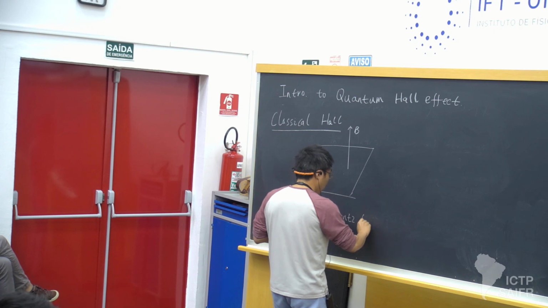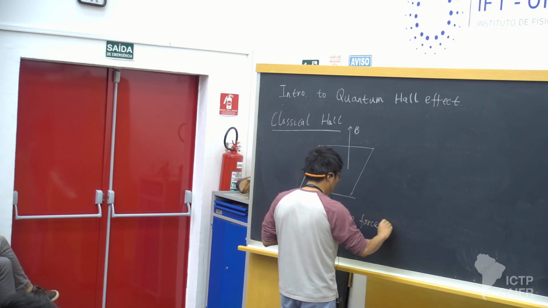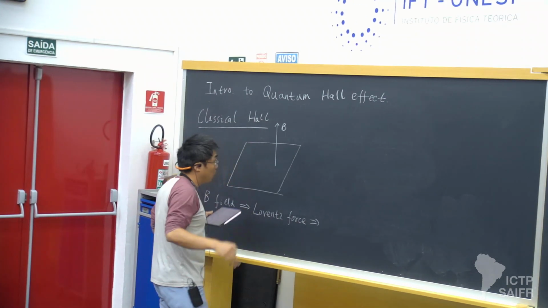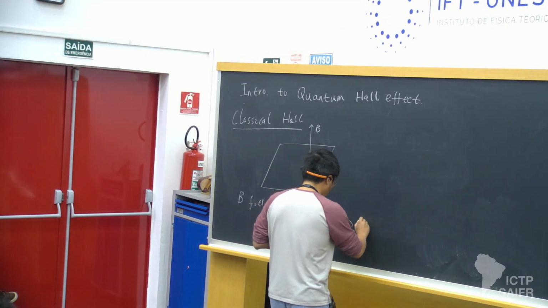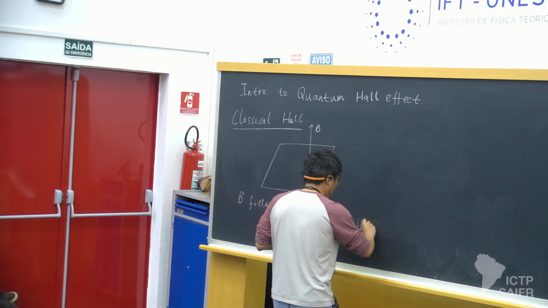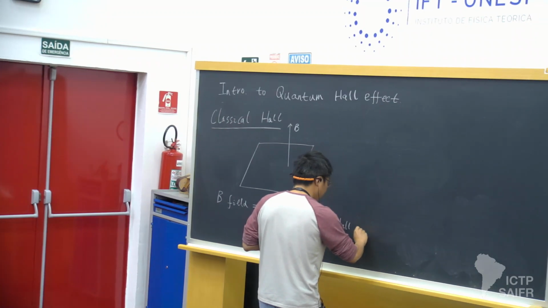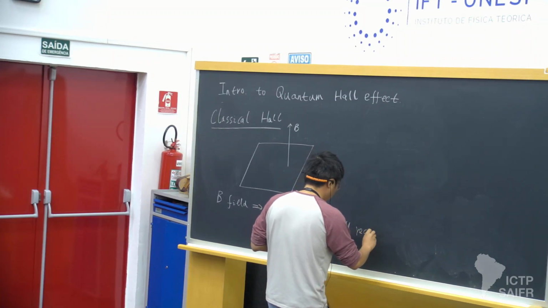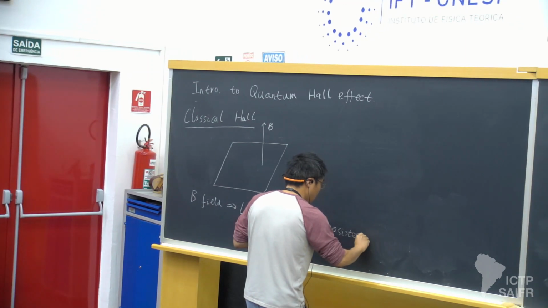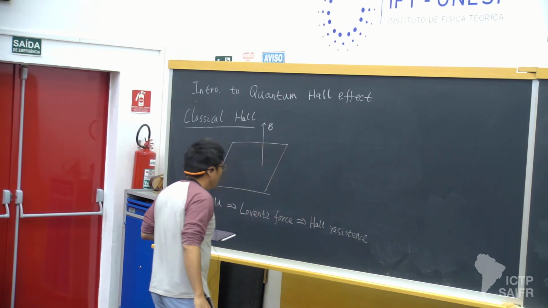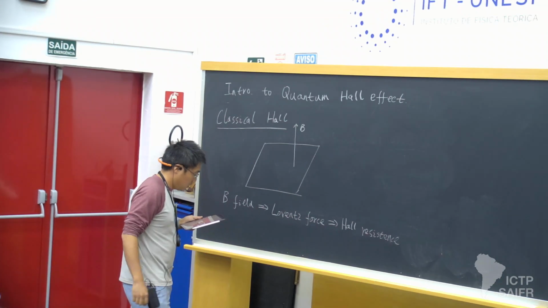The consequence of the Lorentz force is that the system will have a transverse resistance, which we call the Hall resistance, that I will explain in a minute. That is what the Hall effect is.